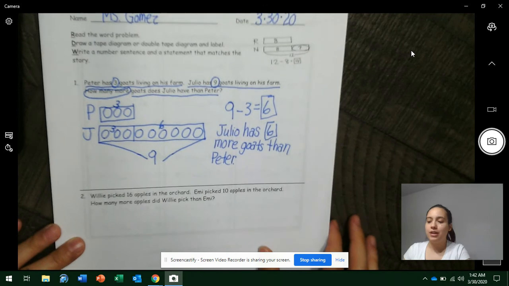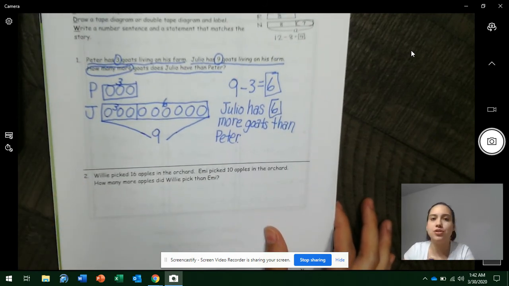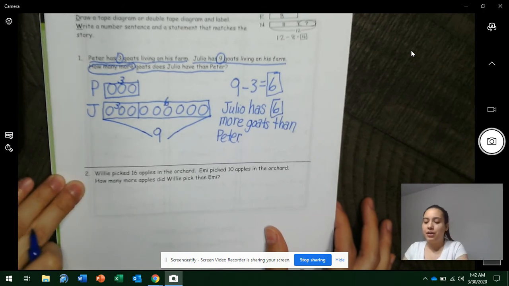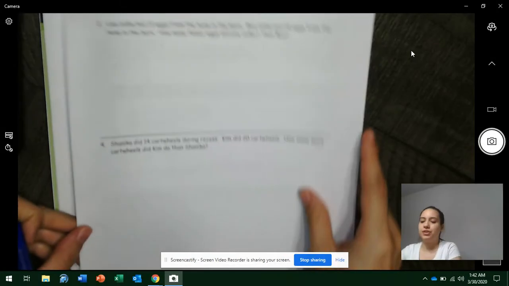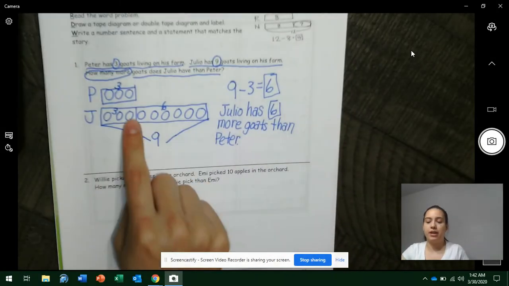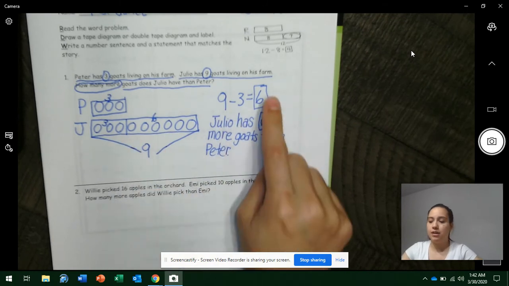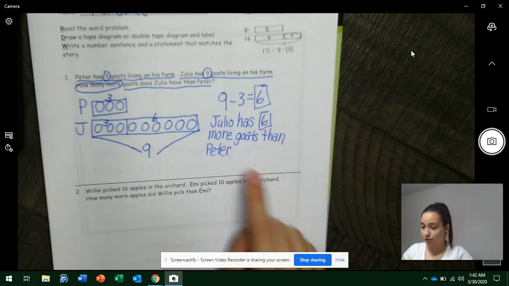Now you are going to continue doing your problem set on your own, and you can do it. You're going to do problems 2, and then the back page, which is 3 and 4. Remember to draw your tape diagram, your number sentence, and your statement. Very important, boys and girls.